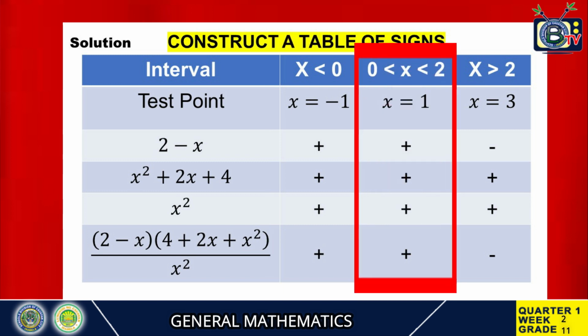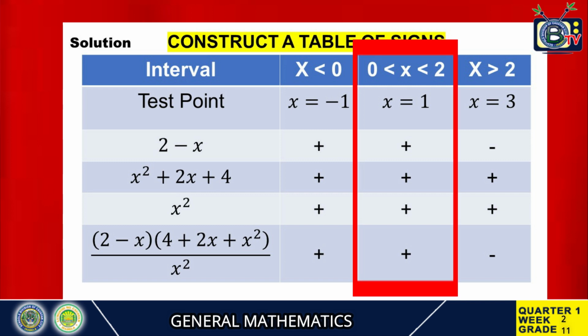For the interval x less than 2 but greater than 0, with the test point x equal to 1: 2 minus x is positive, x squared plus 2x plus 4 is positive, x squared is positive, and positive times positive divided by positive is also positive.